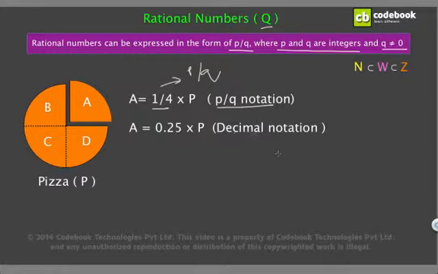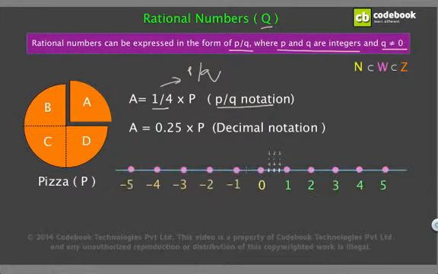So let's now see how to represent rational numbers on a number line. Previously we have seen how to represent integers on a number line. Now let's look at how we represent rational numbers. In order to represent 1 by 4, we divide the space between 0 and 1 into 4 equal parts.